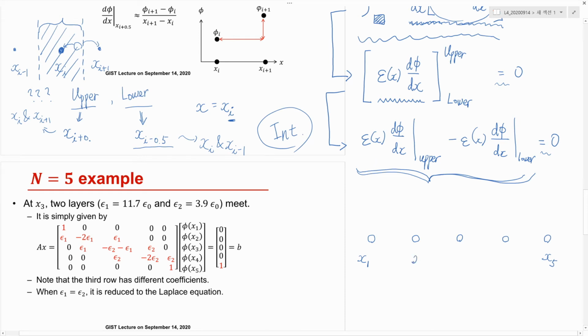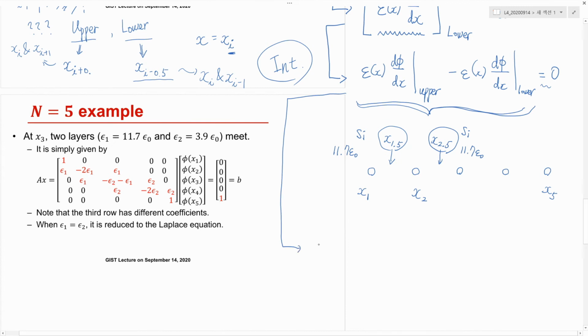For x equal to 2, we have to consider the positions x 1.5 and also x 2.5. This point belongs to just silicon, and x 2.5 still belongs to silicon. So we will use just 11.7 epsilon naught and 11.7 epsilon naught for our permittivity.